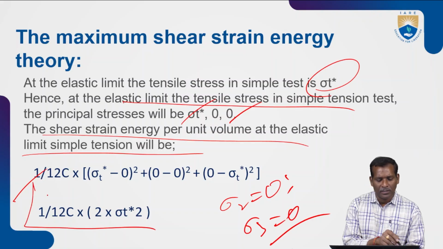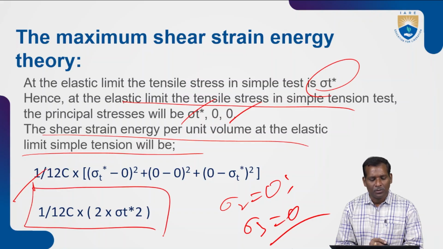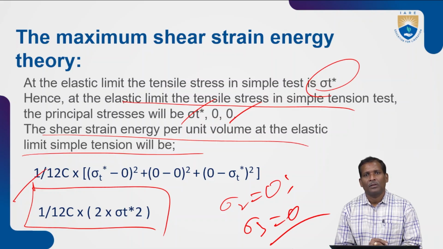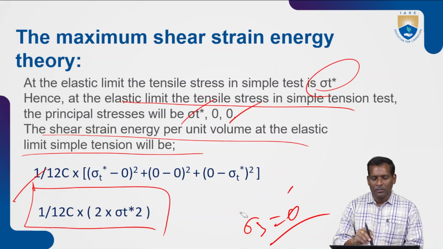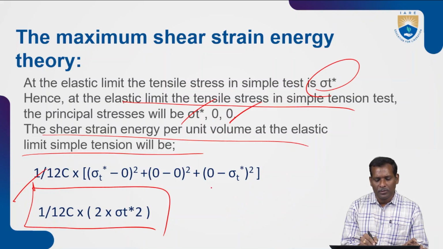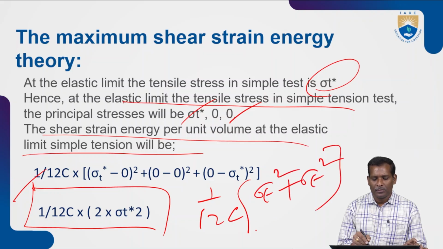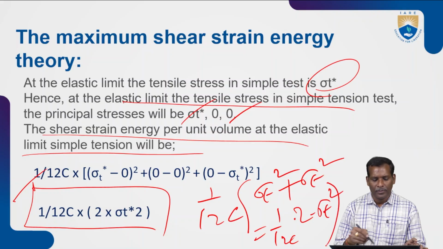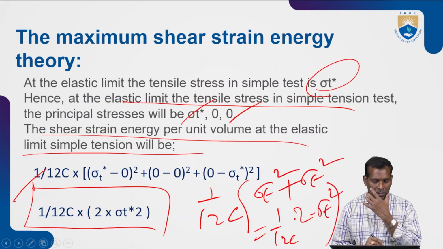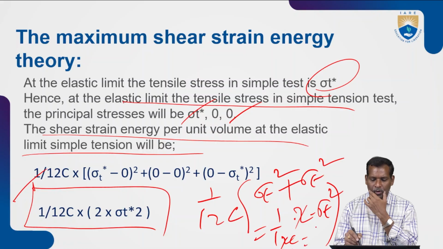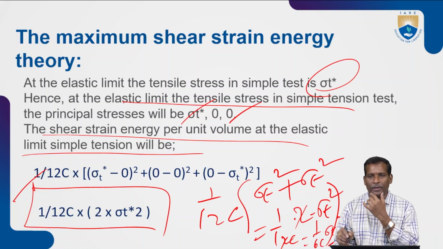So finally the equation you can write is 1 by 12C into 2 sigma t whole square. Expanding, sigma t square plus sigma t square, so 1 by 12C into 2 sigma t whole square. So you can write 1 by 6C sigma t square.